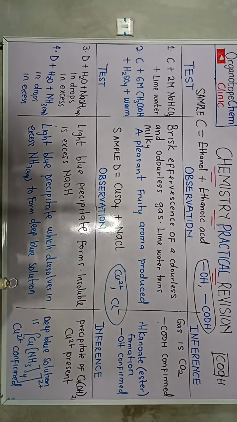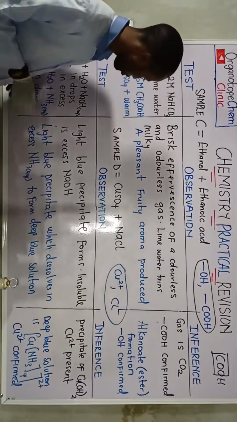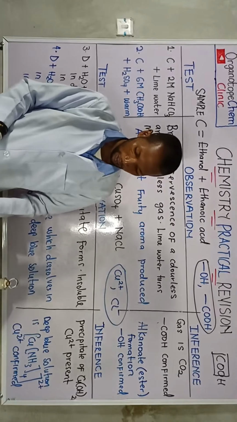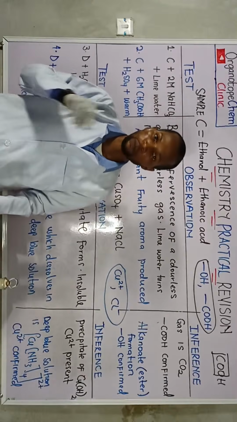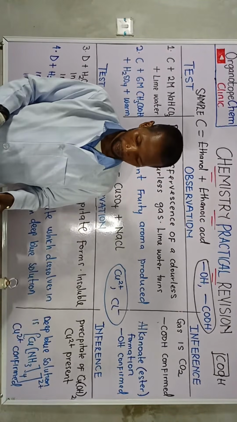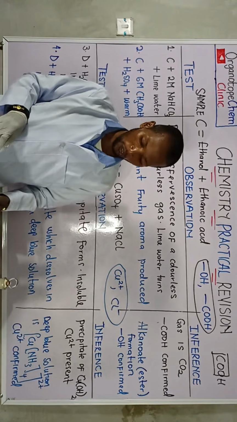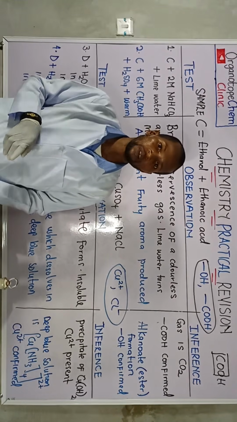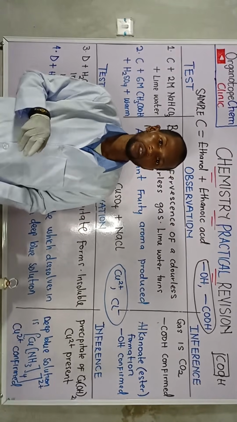Can we consider the next test? Test number 3 for sample D. To a fresh portion of sample D in a test tube, add a few drops of potassium hexacyanoferrate 2.